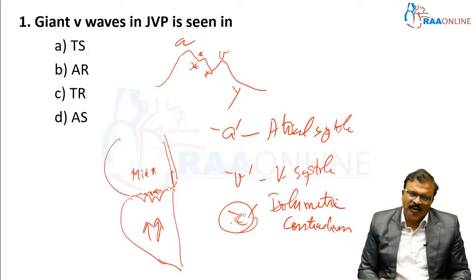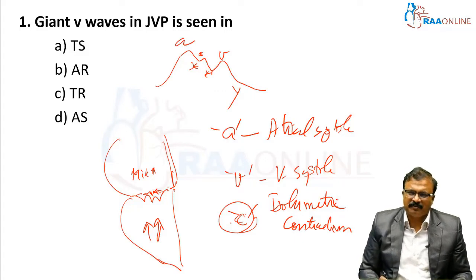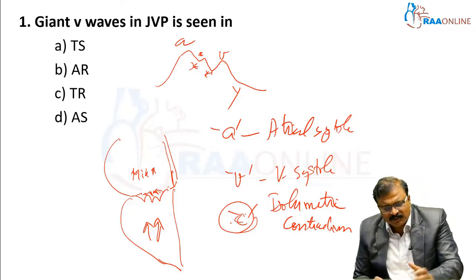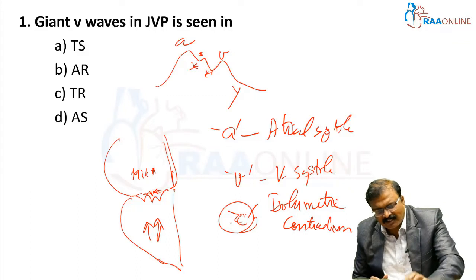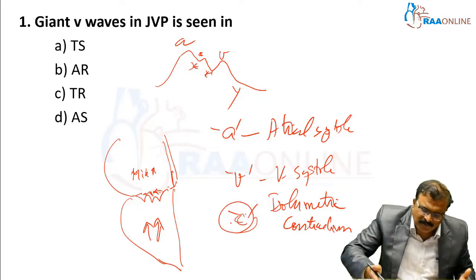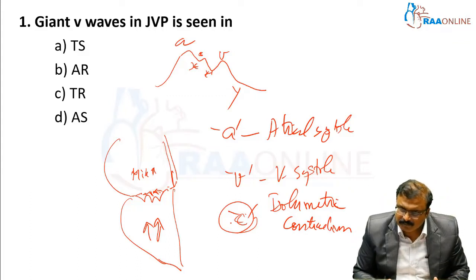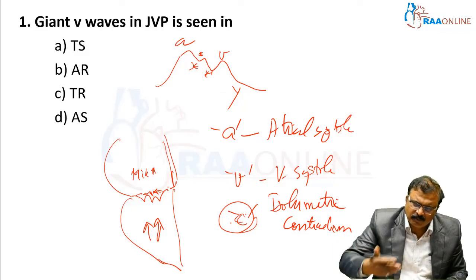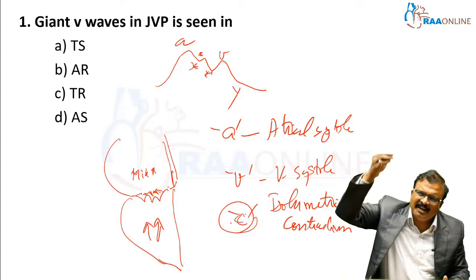Then V wave, what causes V wave? During ventricular systole, there is rise in atrial filling, the atrium receives more blood from the venous system. If it is receiving more blood, then it causes a prominent V wave.